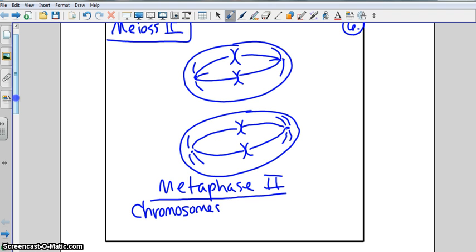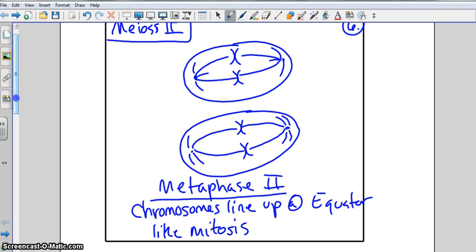Mitosis. Like mitosis. Not your tosis. Mitosis. And if we wanted to label, we could say these are our spindles and these are our chromosomes.